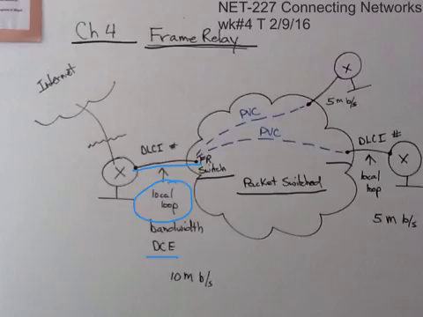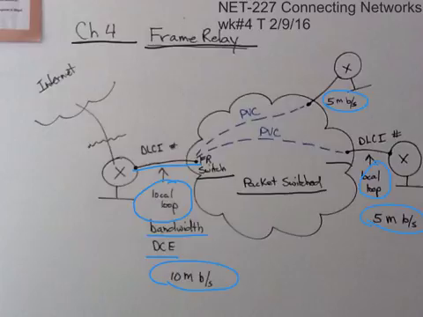There's probably some data communications equipment in between there, and your local loop, you pay for it based on the bandwidth. So we have a local loop here at the other location. In this scenario, we said this local loop was like 10 million bits per second, and this one was 5, and then we created one up here that's also 5.